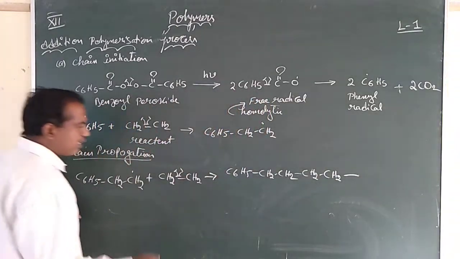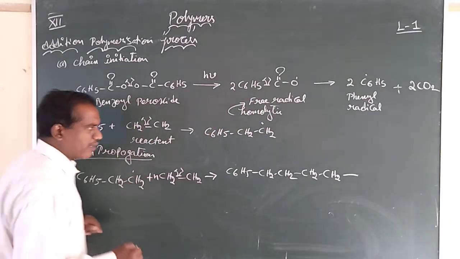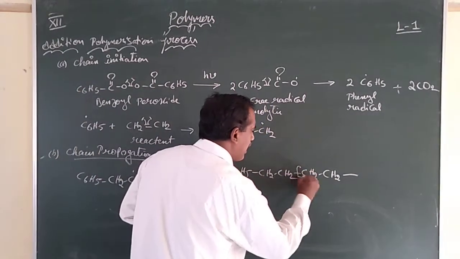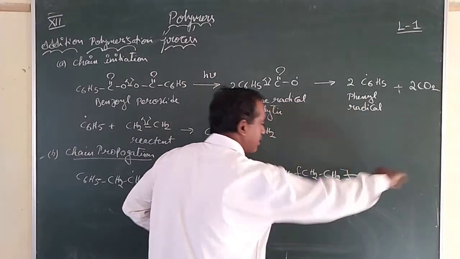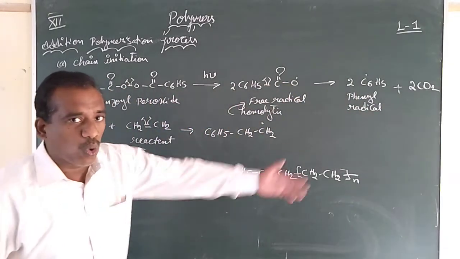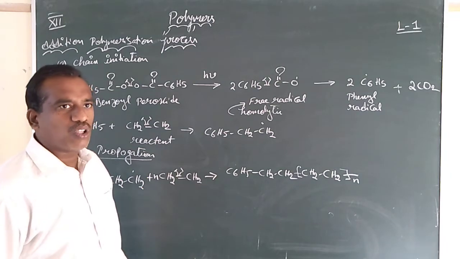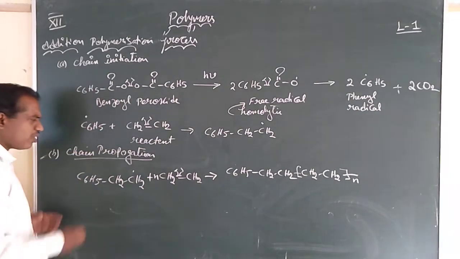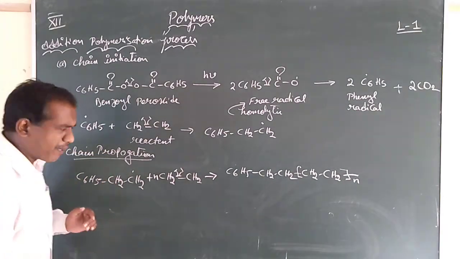Let us imagine n number of molecules are there. So n molecules will form the chain, meaning chain growth takes place. That is what we call chain propagation.